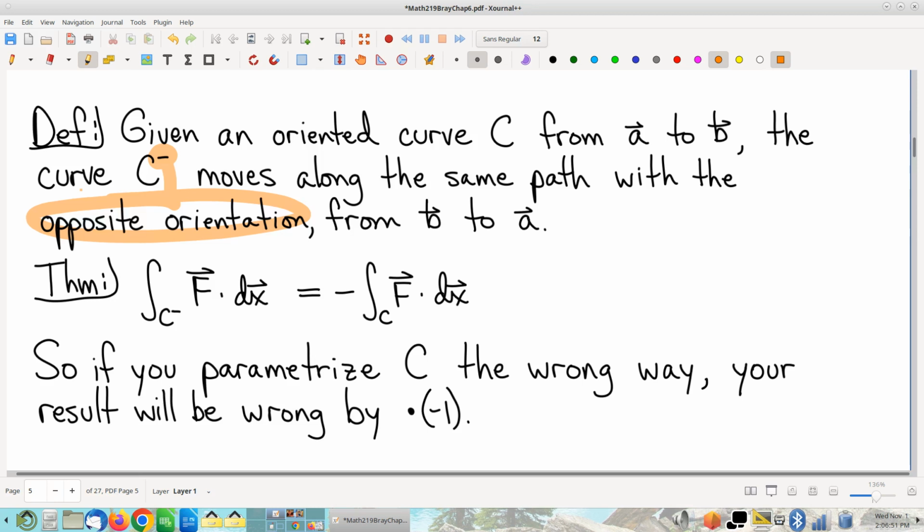So what this theorem says is that if you go backwards along your curve, then you just get a minus sign on the value of the integral. Which again, is just what we previously saw. Everybody buy it? Right.